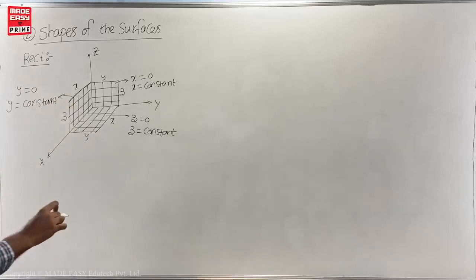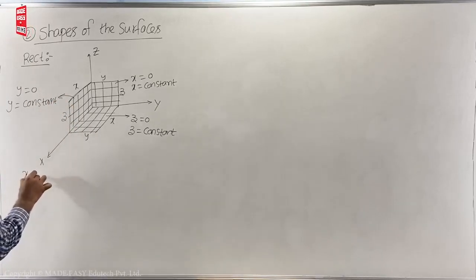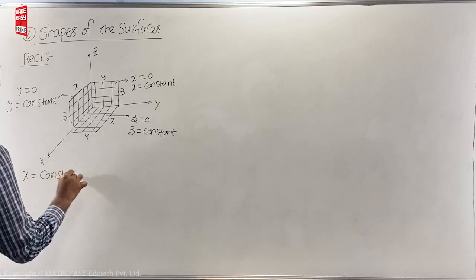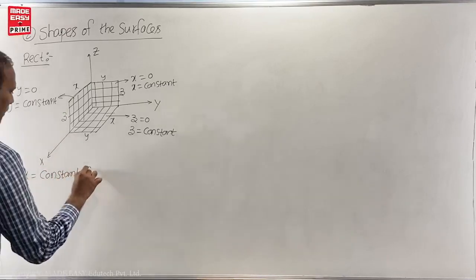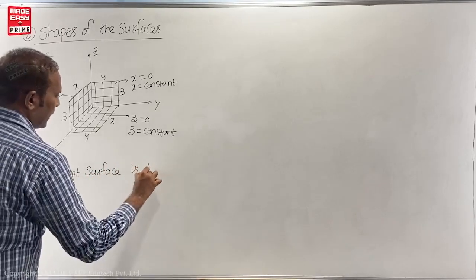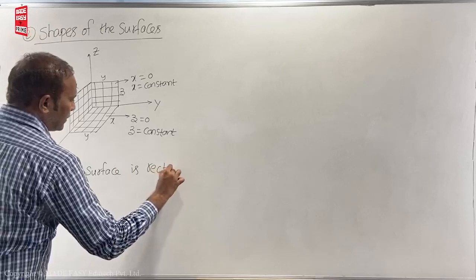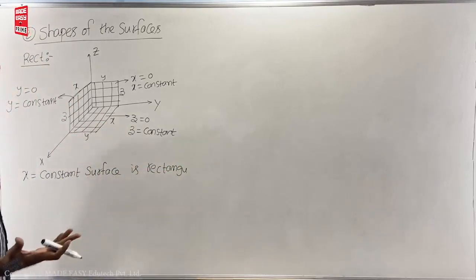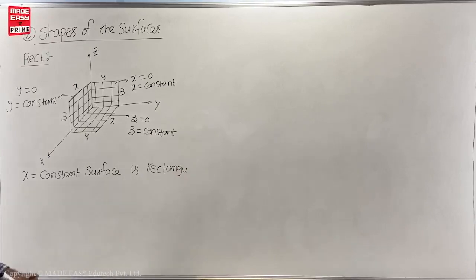Now I want to tell you, if you make x constant anywhere, that means x is equal to constant, the surface is a rectangular surface. Of course, if the sides are the same, that is a square surface.